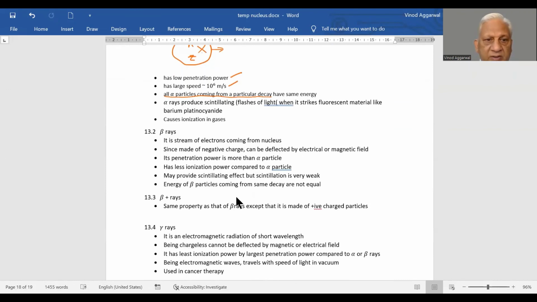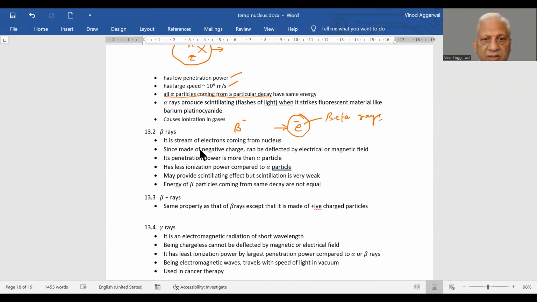When we come to beta rays, as we have seen in the case of beta minus decay, in the product we were getting an extra electron, which we call beta rays. So it's a stream of electrons coming from the nucleus.